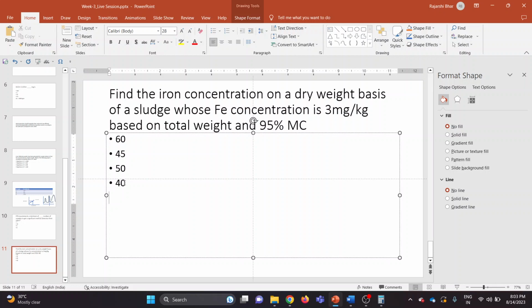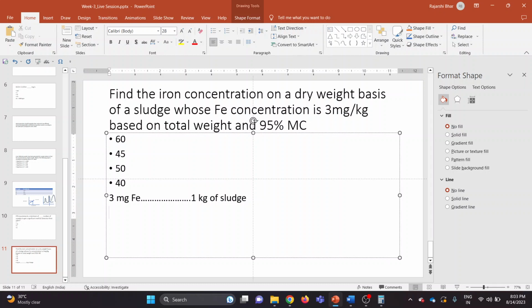Fine. So if you want to look at it simply, you have 3 milligrams of iron in, let's say, 1 kg of sludge. Your 1 kg of sludge has 95% moisture content.